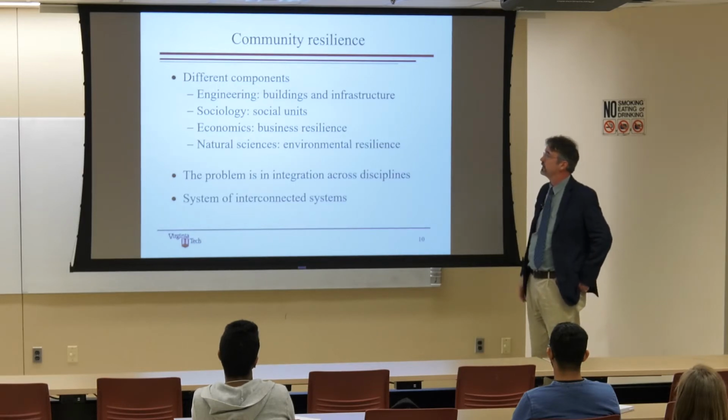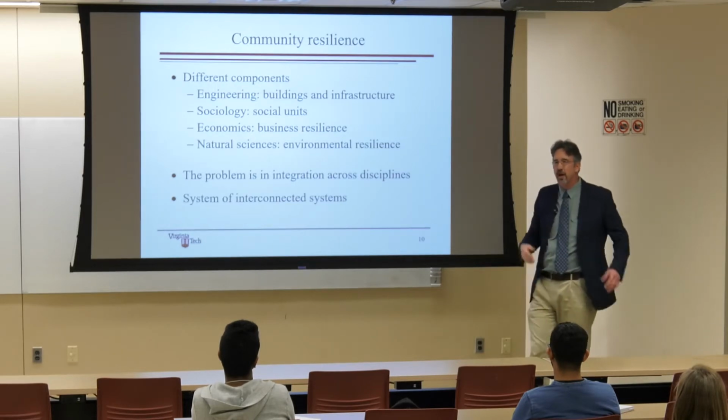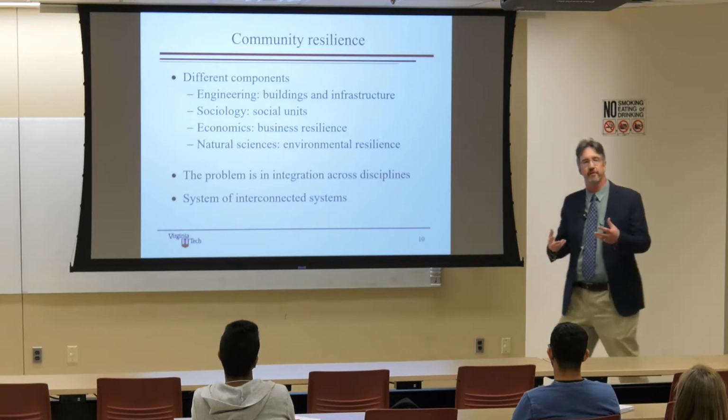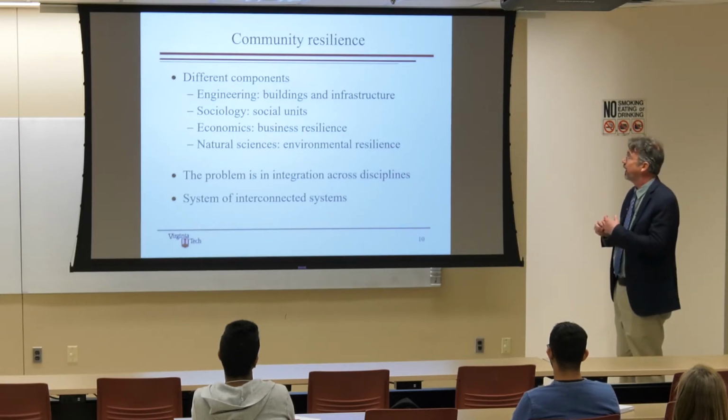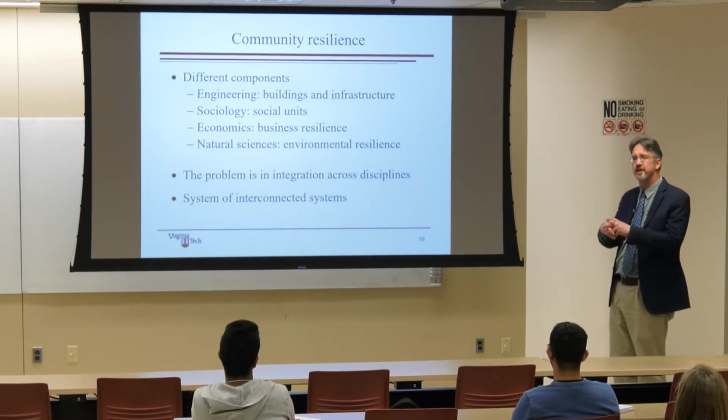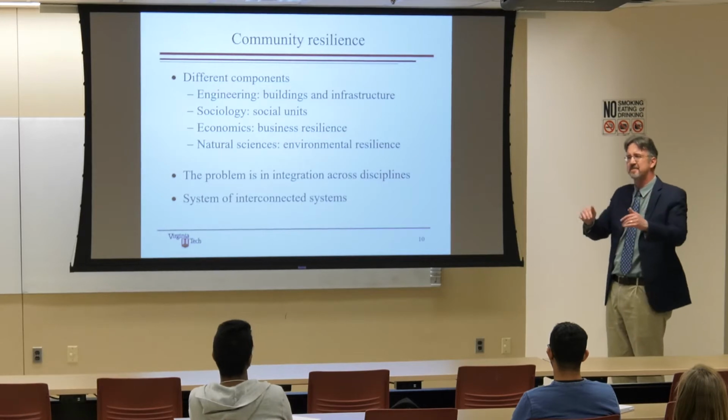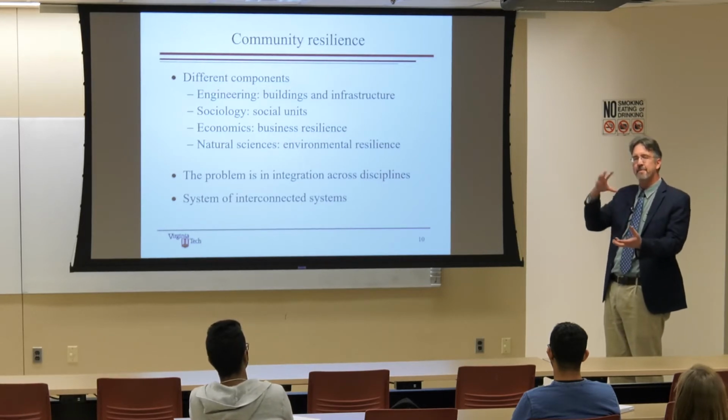I know some really, really good social scientists, a lot of geographers and urban planners that are characterizing resilience from a social standpoint. On the economic side, a lot of people are doing supply chain resilience and looking at issues there. So we've got expertise in all these different silos. In my mind, there's not enough blend and integration and overlap between them.